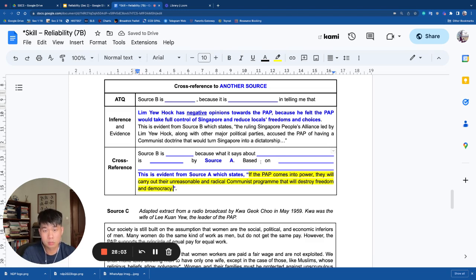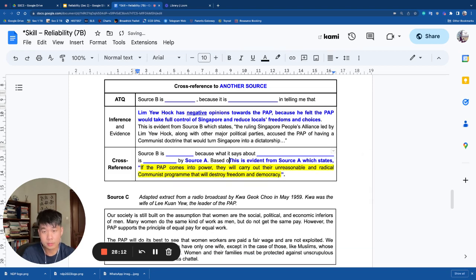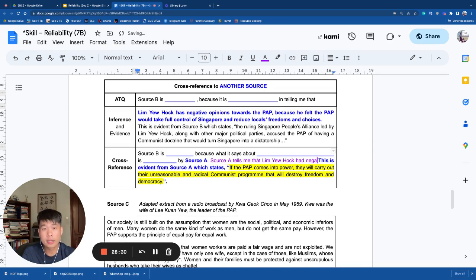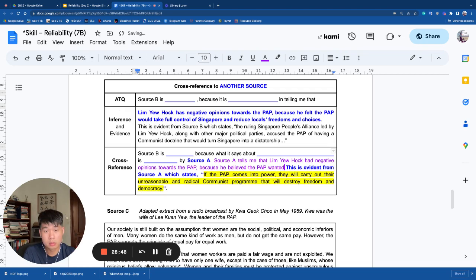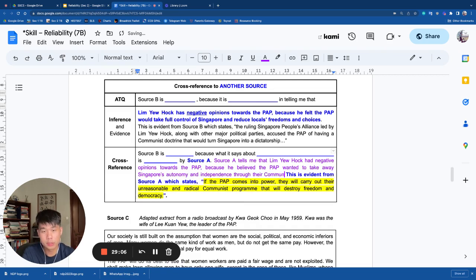So this would read, source A tells me that Lim Yew Hock had negative opinions towards the PAP because he believed the PAP wanted to take away Singapore's autonomy and independence through their communist ideology.